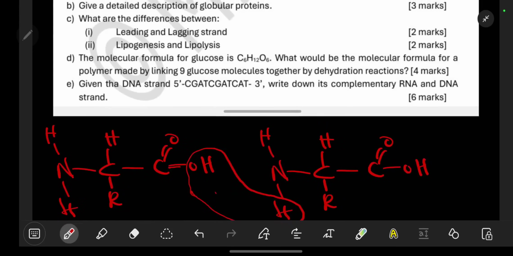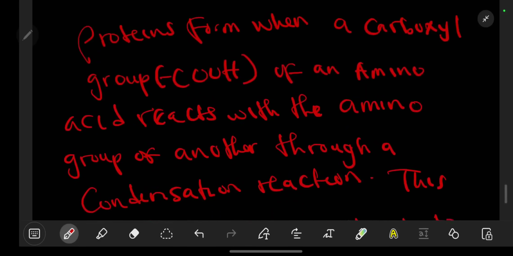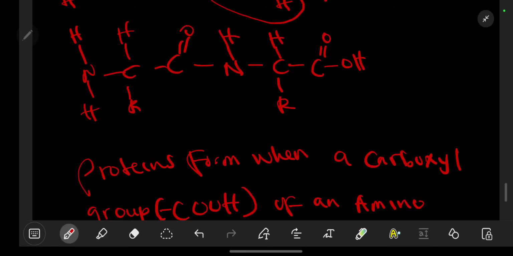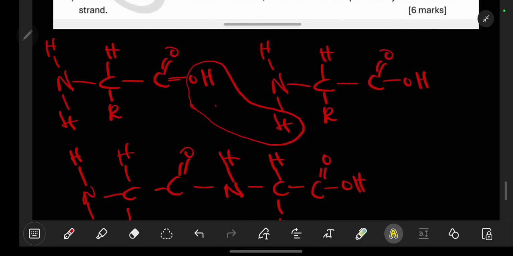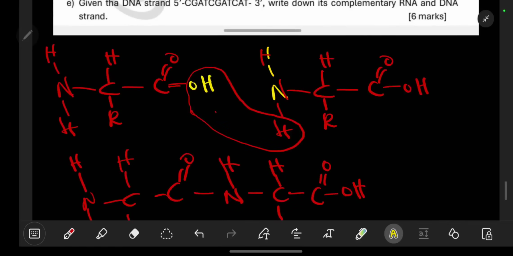So to describe this, we are going to say, so this is what we have. Proteins are formed when the carboxyl group, which is the one with our C, this one, reacts with an amino group, which is this group.